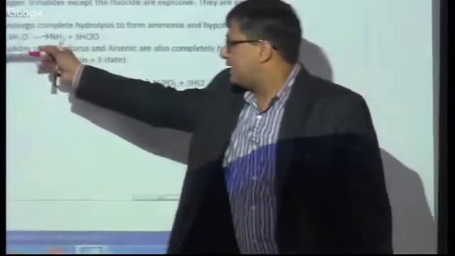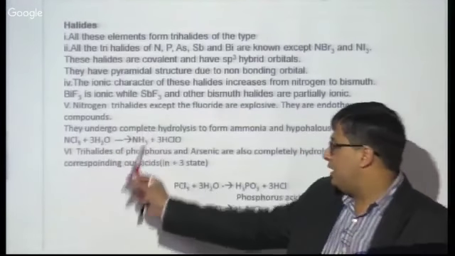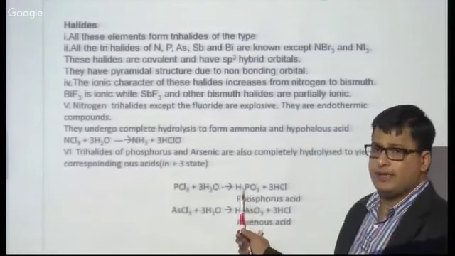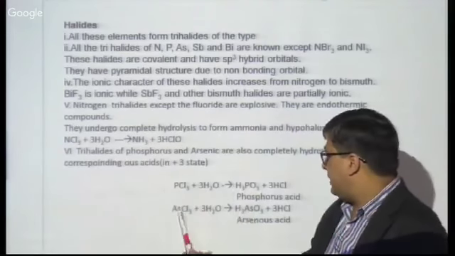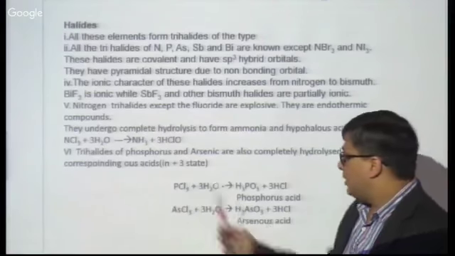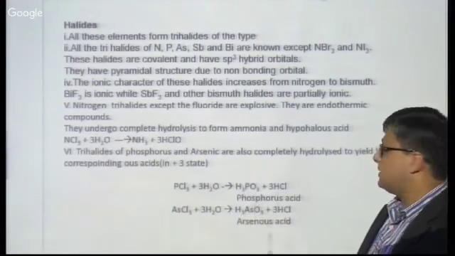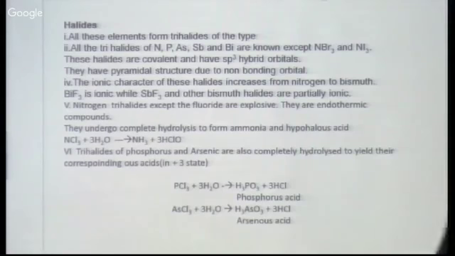If you remember this NCl3 hydrolysis, you can see that all form acid. NCl3 gives ammonia, whereas PCl3 gives phosphorous acid, and AsCl3 will give arsenous acid. Clear? So, except nitrogen, all halides will give acids, arsenic as well as phosphorous. Clear?